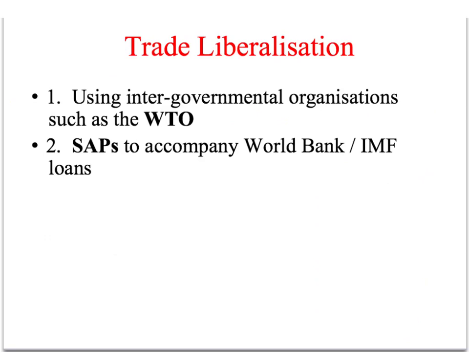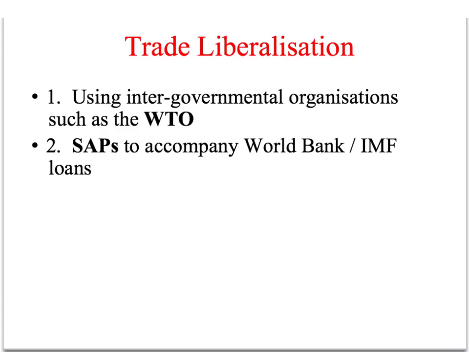The process of moving away from economic protectionism towards more free trade is called trade liberalisation, and this has been encouraged by various international organisations, particularly the World Trade Organization, which is a global forum for negotiating free trade agreements between different countries.